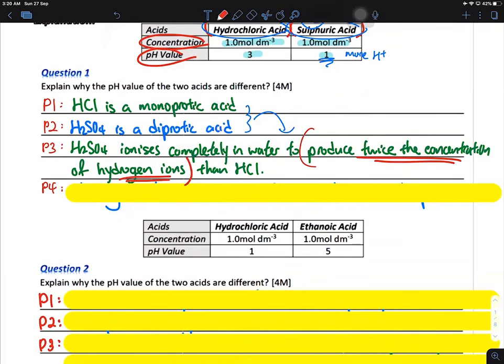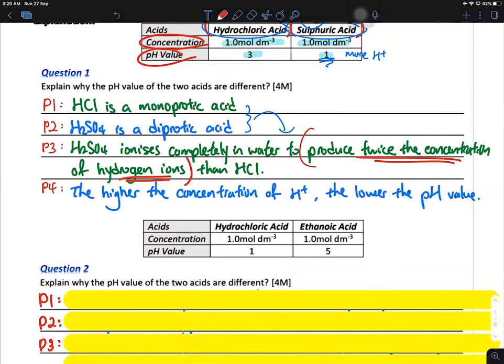Of course, you can always change your sentence to double concentration of hydrogen ion or any other words or term that means double, okay, as long as it's the same meaning. So because it has double, it has 2 times of hydrogen ion, that's why the higher the concentration of H plus, the lower the pH value.